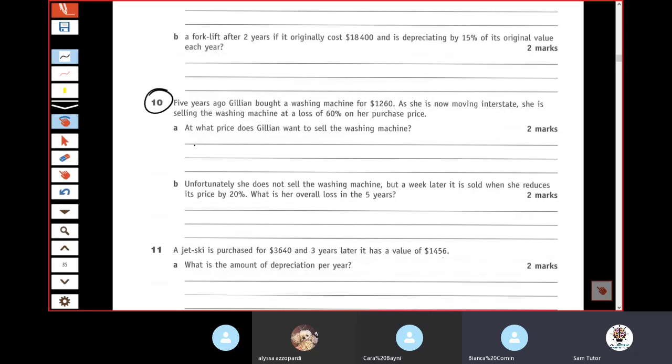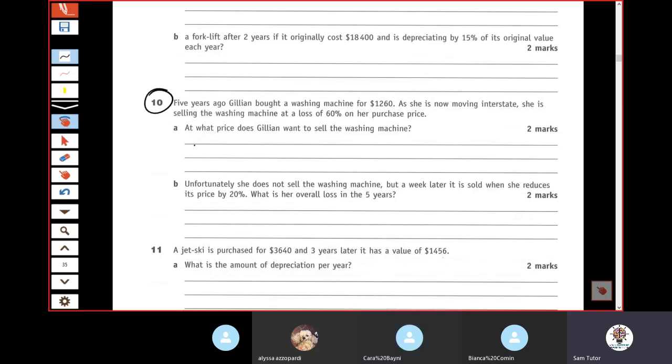Okay, let's do it. Does anyone actually have an answer for A? I'm almost done. Okay, then I'll just wait a little bit. So, I basically just did 1,760 times 0.6, and I got 756.